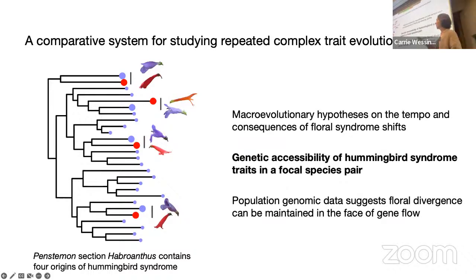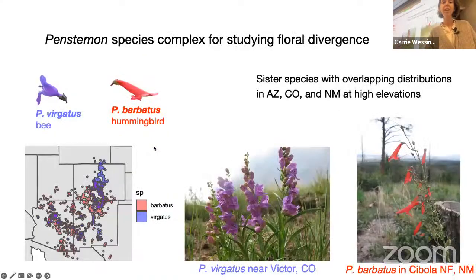Here I've zoomed in on a focal clade that includes 4 separate origins of hummingbird adaptation, which is a really nice place to start. And for the past few years, I've been heavily focused on this species pair to begin to understand the genetic architecture of floral divergence. These are Penstemon barbatus and Penstemon virgatus.